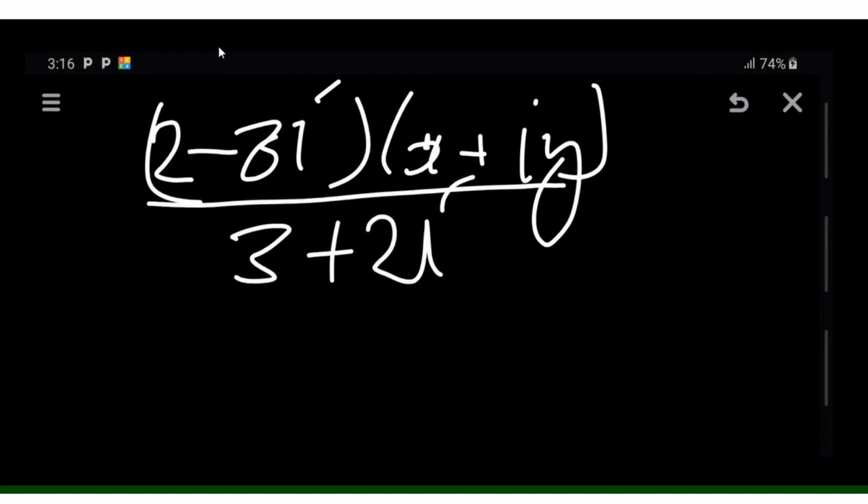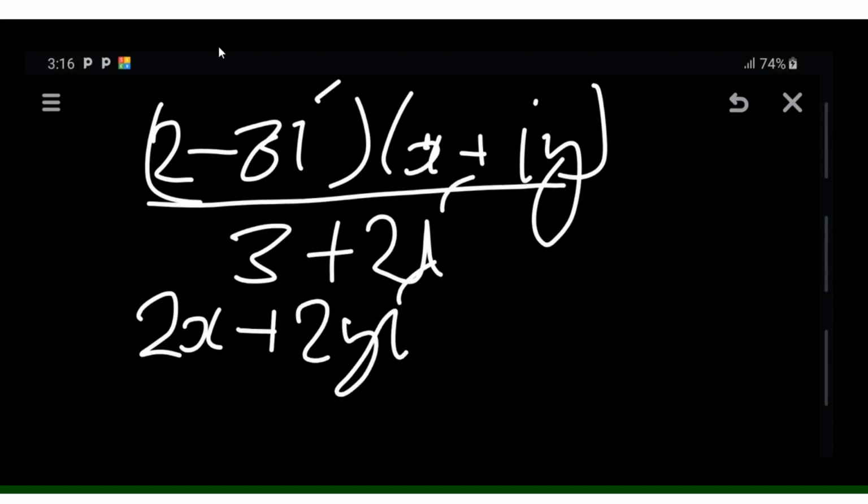So we multiply what is on top here. I'm having 2 times x is 2x, 2 times iy is plus 2yi, and 3i times x is minus 3xi, minus 3i multiplied by iy.